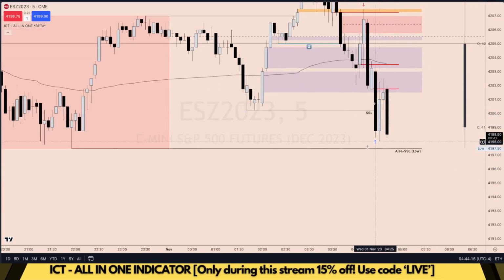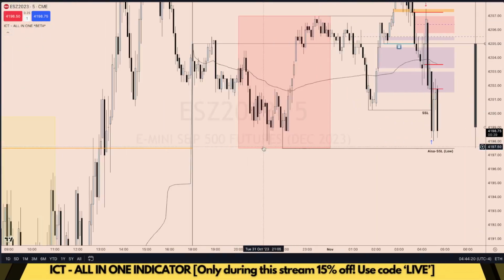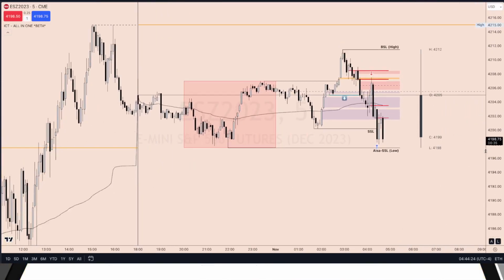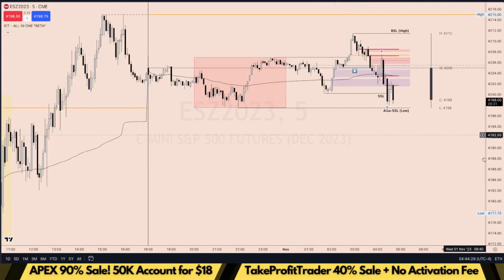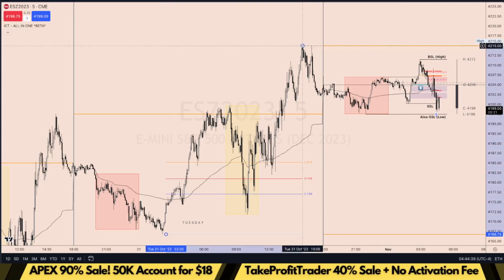What is it going to do below the Asian sell side liquidity? Well, I don't know, and I don't have to know. You don't have to know what the market is going to do 100% of the time. Of course, we could simply retrace a little of yesterday's range if we look at that and use our retracement tool. We measure from the high to the low.